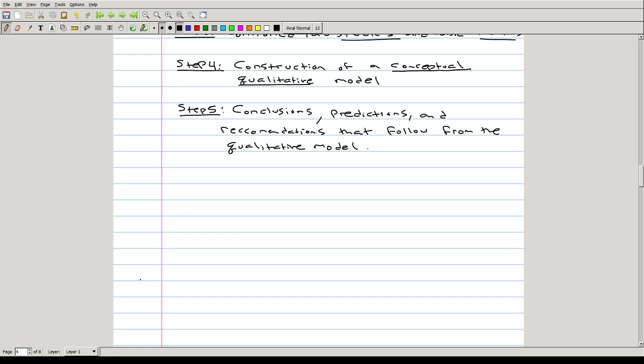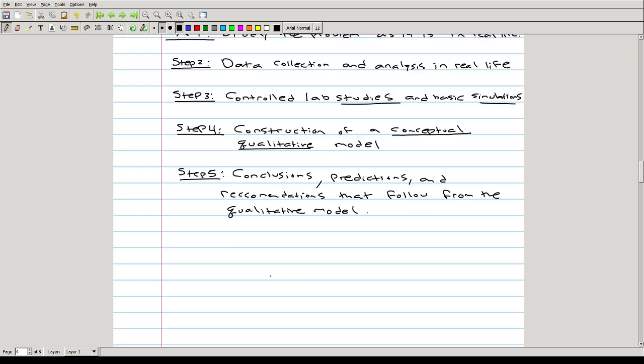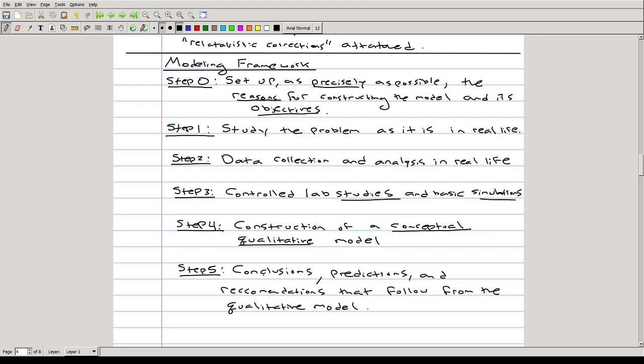These 5 steps form the basis of a given model in science. But essentially, these steps are very often not enough, and they are only the beginning of the modeling process.